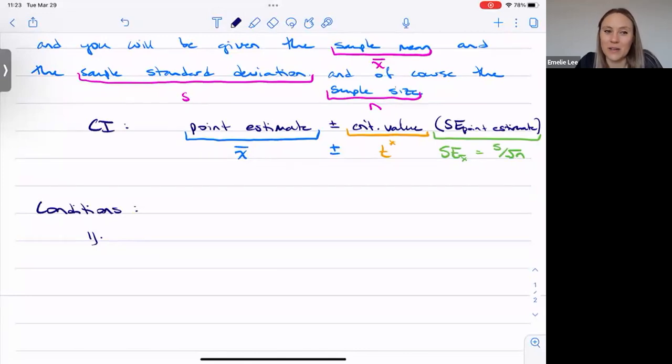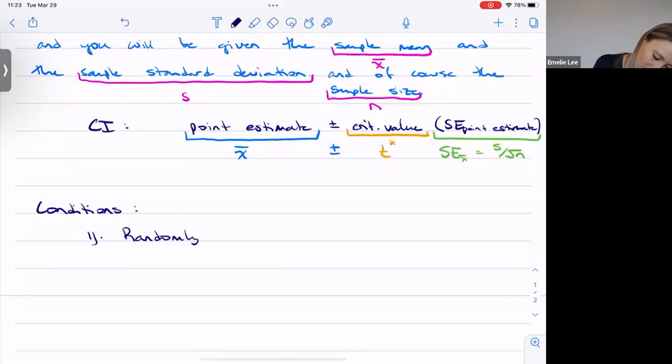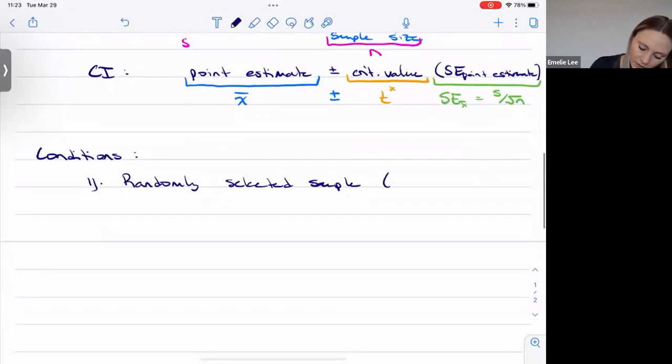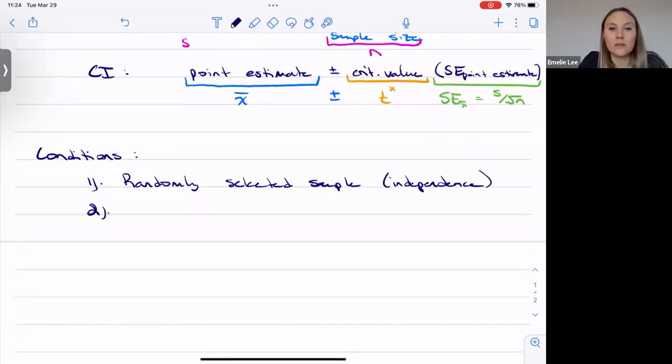But our main conditions that we should be checking are, do we have a randomly selected sample? That's for the independence condition. And is our sample size large enough? That's for the normality condition.